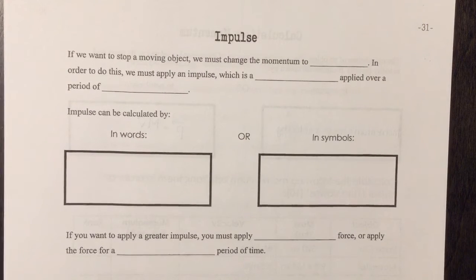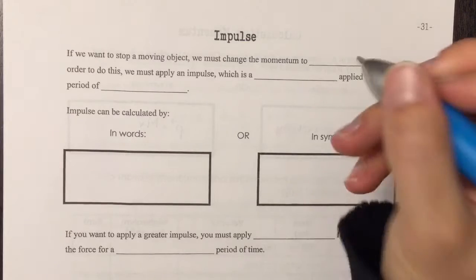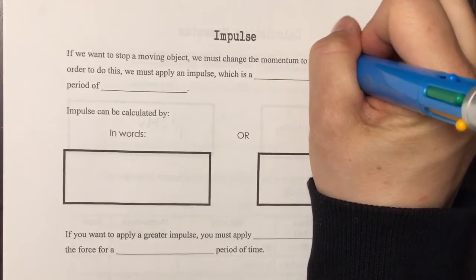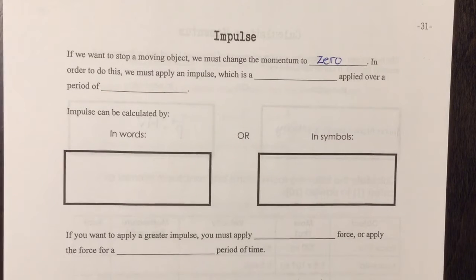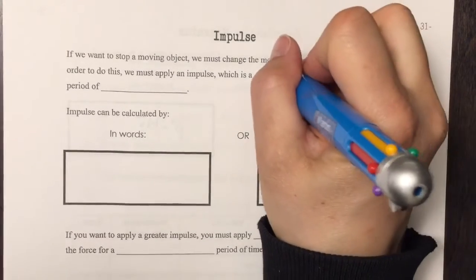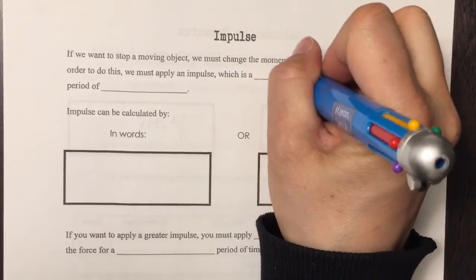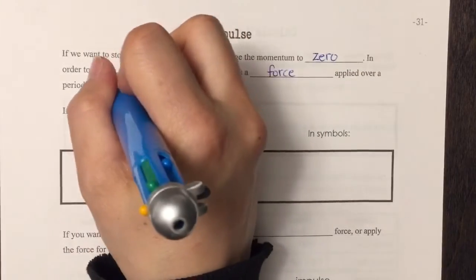Impulse. I'm pretty sure he talked about this in the Bill Nye video as well. So if we want to stop a moving object, we must change its momentum to 0. And in order to do this, we must apply an impulse, which is a force applied over a period of time.